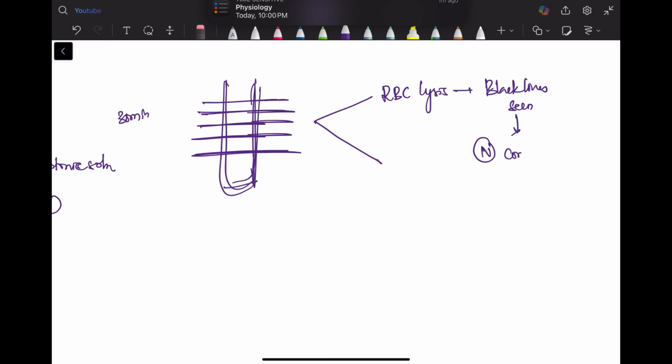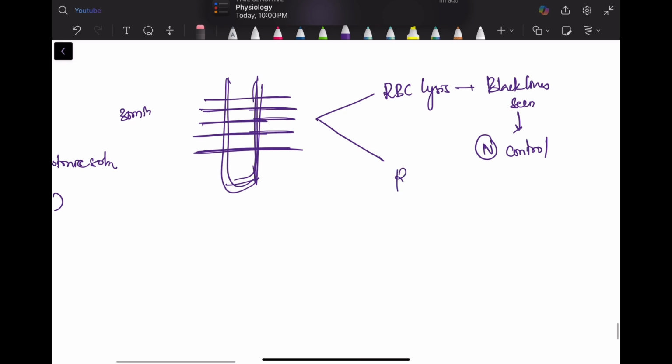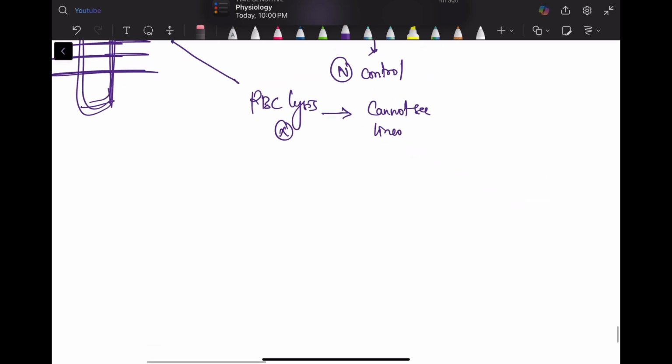So it is a normal control. If there is no RBC lysis, we cannot see the line, which means osmotic fragility is reduced.